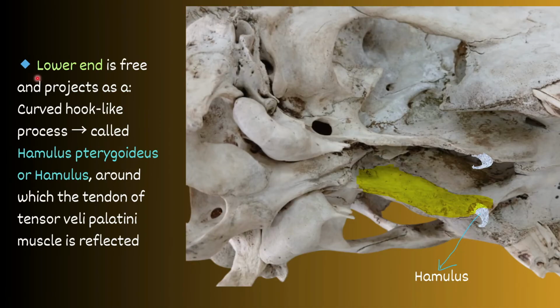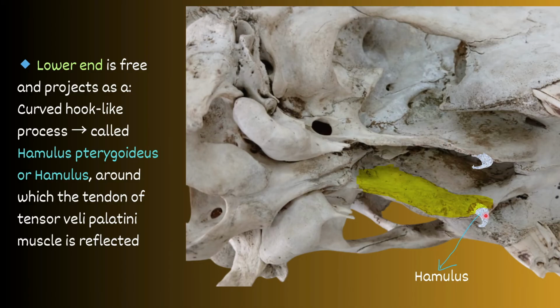The lower end is free and projects as a curved hook-like process called the hamulus pterygoideus, or hamulus. So this is the lower end of the pterygoid bone. It is free and in the form of a curved hook-like structure. Here it is not there; I have made it by drawing, but actually in this part you will find a curved hook-like structure like this.